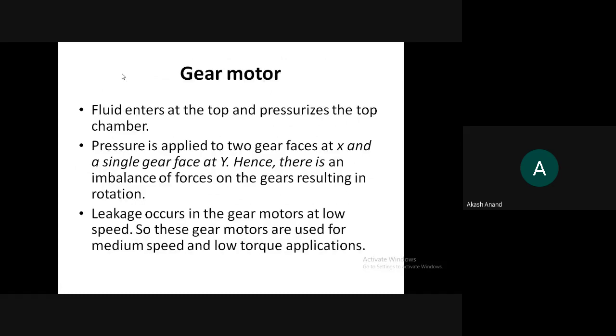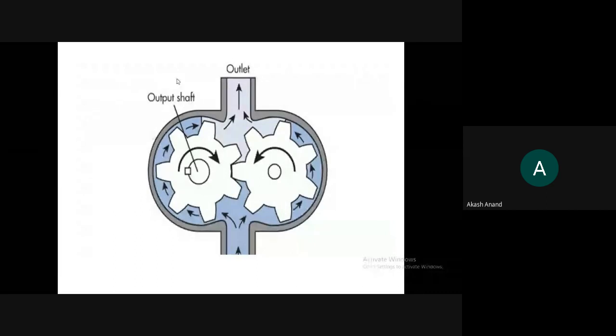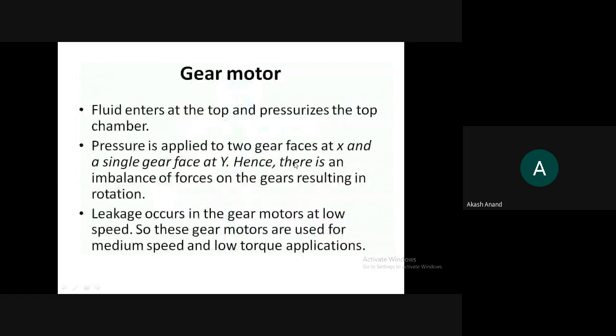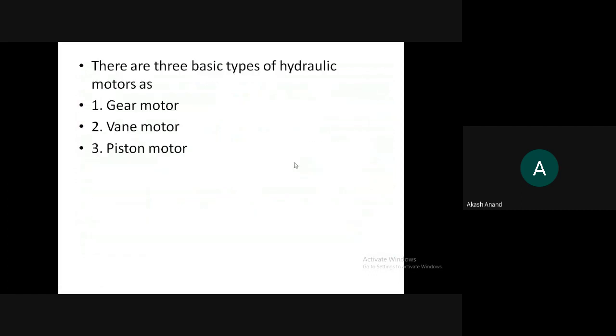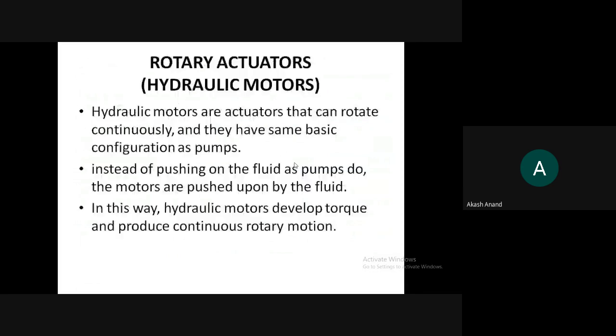You may understand when you see the figure. Coming to the gear motor, this is the diagram of a gear motor. You can see two gears, one inlet port, an outlet port and a casing. This is the basic arrangement of a gear motor. Here, motor means nothing but an actuator.